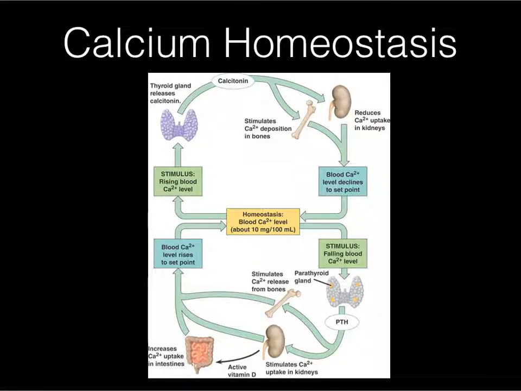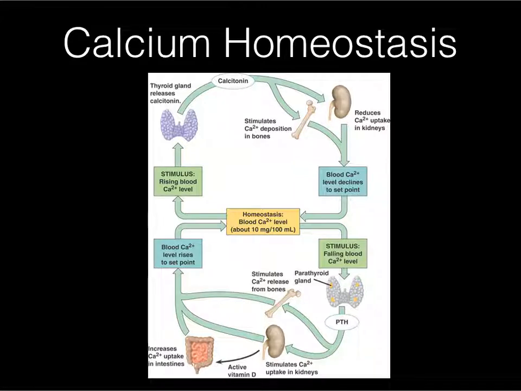So let's take a look at overall calcium homeostasis, all of our hormones acting together, all right? Let's say that for whatever reason, blood calcium levels rise. This is sensed by the clear cells in the thyroid that secrete calcitonin.